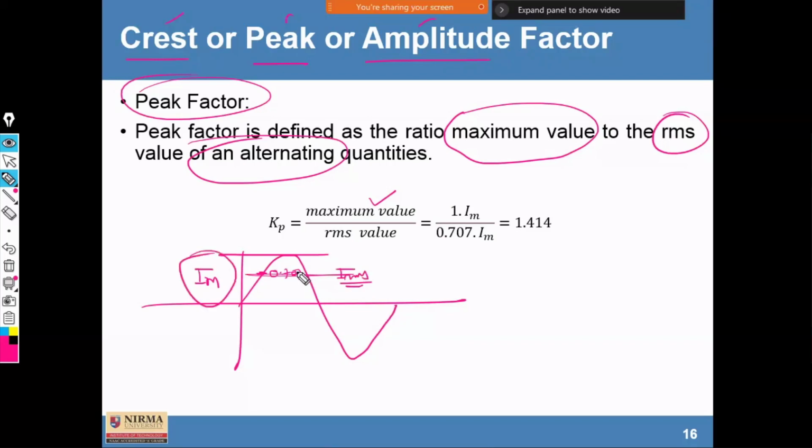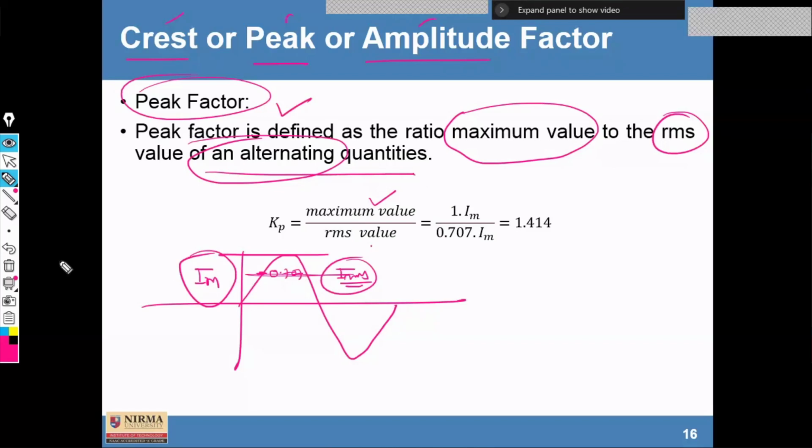So if we take the ratio from maximum to RMS, maximum value to the RMS value of an alternating quantities, then it is known as peak factor. So maximum value is considered as 1 here, and RMS value is considered as 0.707 times IM. And the ratio is 1.414, and it is abbreviated as KP.